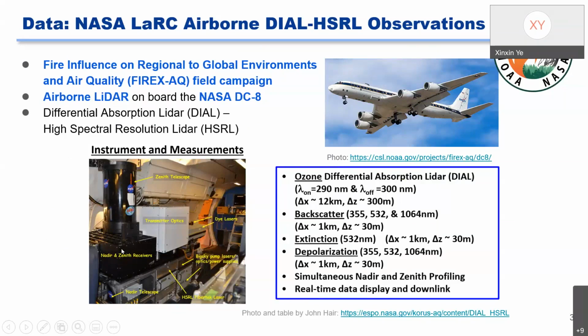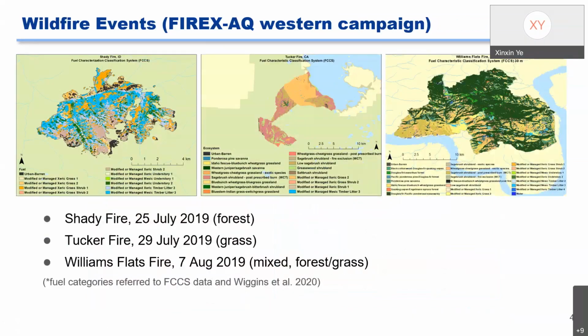It has two sensors, one pointing in the zenith direction and the other pointing in the nadir direction. It provides the total column observation of aerosol properties, and it provides the ozone profile, backscatter, extinction, and the depolarization.